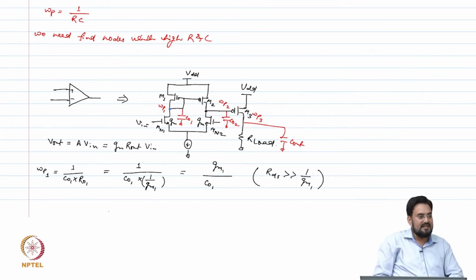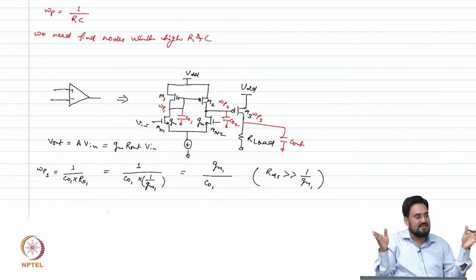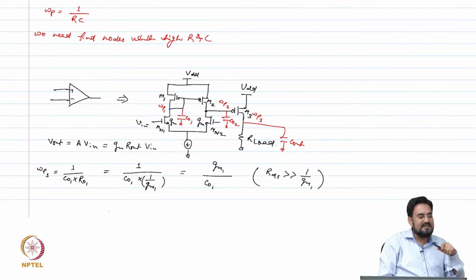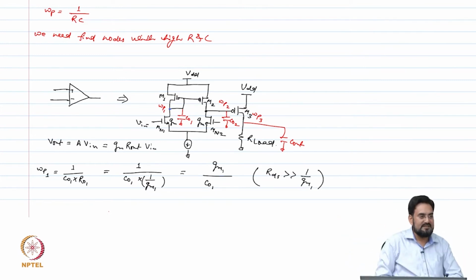Since we are designing the LDO to cater to all the load variations from 0 up to 10 milliamp, we have to consider the worst case. The worst case here will be the 0 load current. If you compensate for 0 load current, it will automatically be compensated for higher current, because at higher current the output pole moves further to higher frequency.